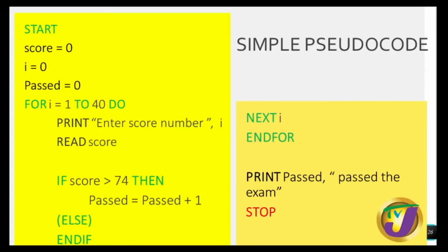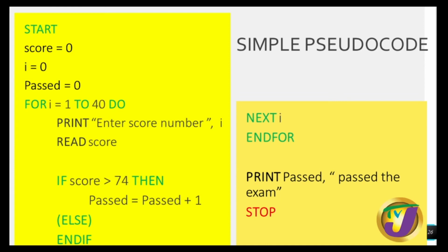With that said, we change our pseudocode now to resemble that very solution. Note, we still have to follow the protocol of initializing. And so, as we write our pseudocode, we put in start, then we initialize the variables we intend to use. In this case, the variables that we want to use is score, so that we can store the value of any score entered.